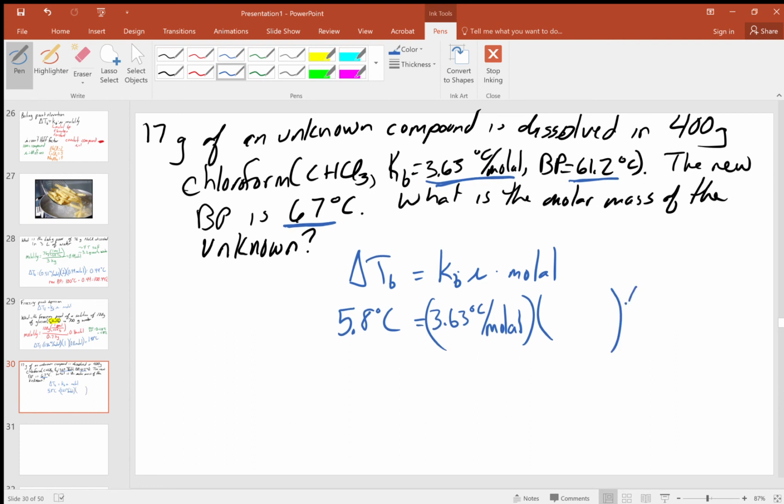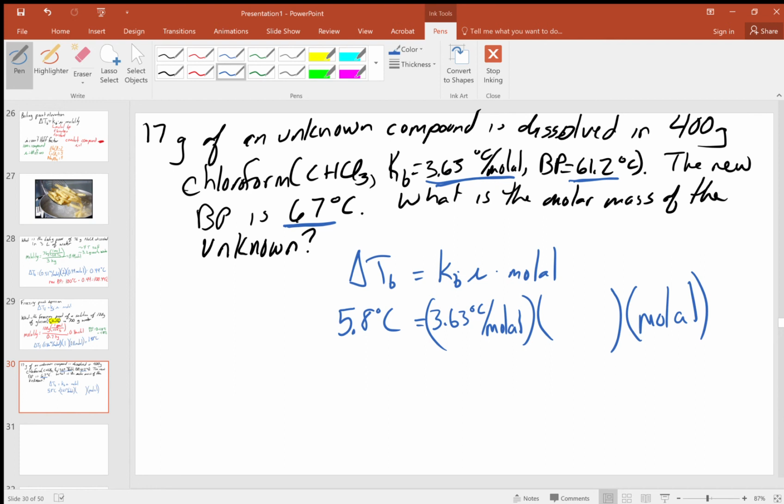All right, the molality is unknown. But what about the van 't Hoff factor? If it's an unknown, can we find that? Maybe not to 100% certainty, but it's something we can take a pretty good guess at.